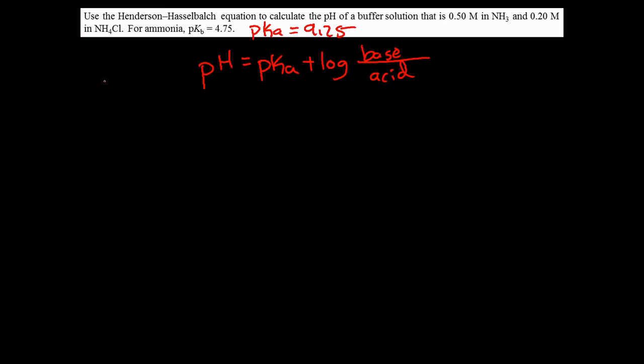Well, it is a little more difficult with the bases, just because acids always have acid in the name, and bases do not have base in the name. But you can always tell what's the base and what's the acid by looking for what gained a proton, because the thing that gained the proton is the acid. So here we have NH3, here we have NH4.